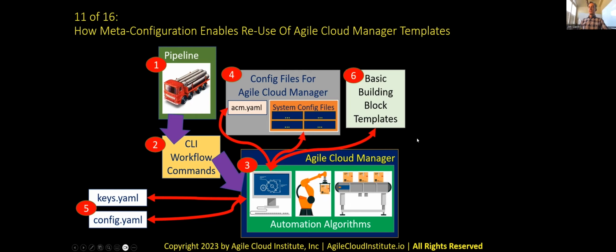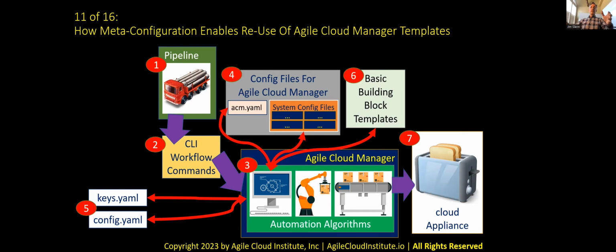And the result is a cloud appliance. So that, again, if you did this separately, the same steps with different keys.yaml and different config.yaml, you get an identical clone of the cloud appliance someplace else.